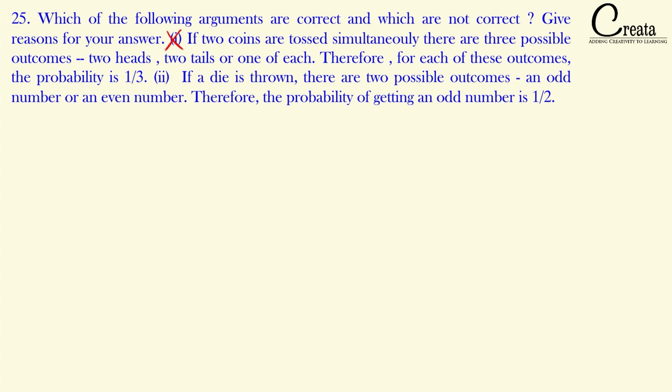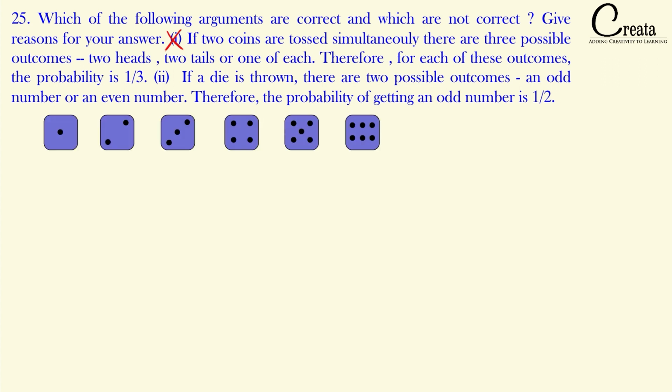If a die is thrown, there are two possible outcomes, an odd number or an even number. Therefore, the probability of getting an odd number is 1 by 2. We have done the various cases of die and we get total 6 outputs from the die. So rolling the die has 6 outputs. But the question framer is saying that when rolling the die we are getting two possible outputs, that is either an odd number or an even number.